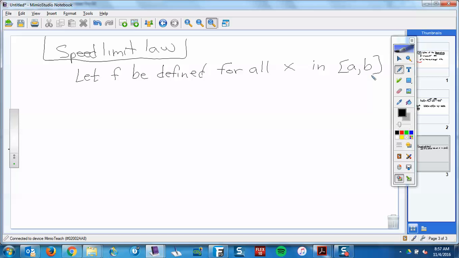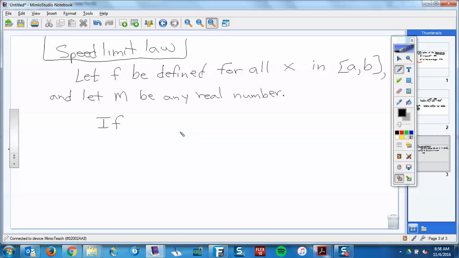There's no holes, there's no breaks, there's nothing weird going on, right? It's defined for all x in the closed interval [a, b]. And let M be any real number. That's just kind of setting the stage, right?